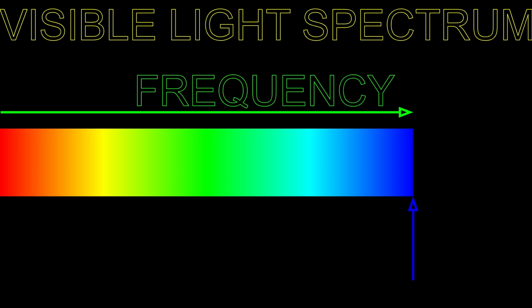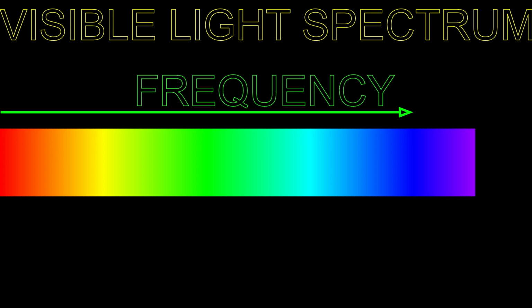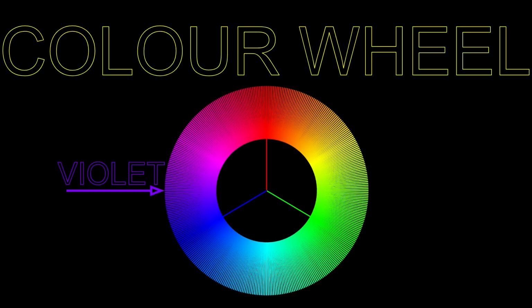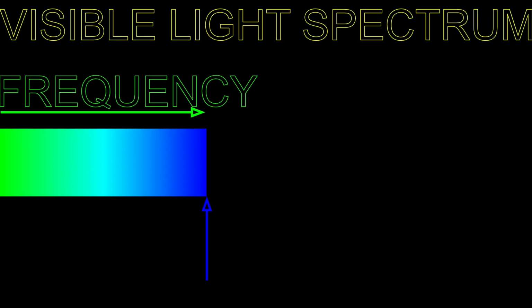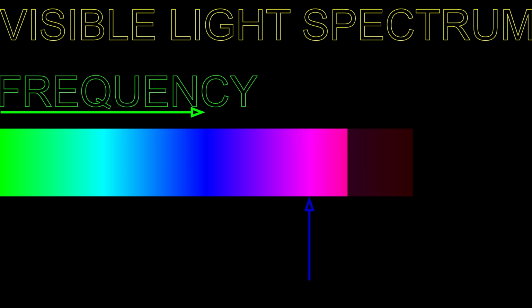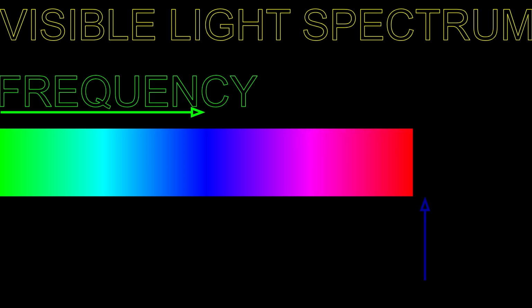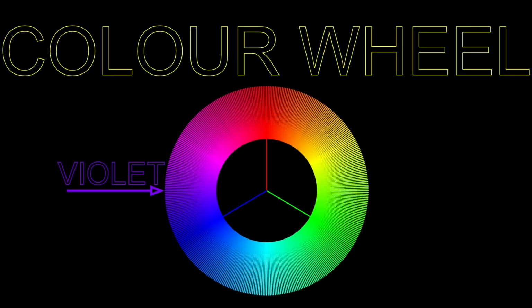But for some reason, people think that it keeps going past blue into purple and so on, even though that's only on the color wheel. If you kept going along the same trend past blue, you would get pink, and then you'd go back to red actually. And so it's just like the color wheel, where you're looping back.